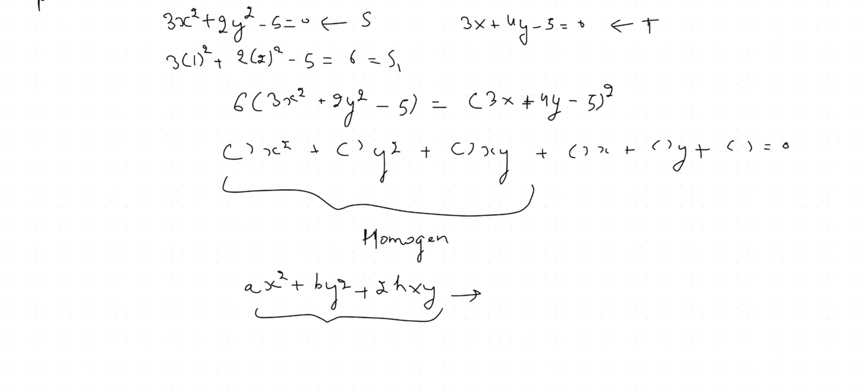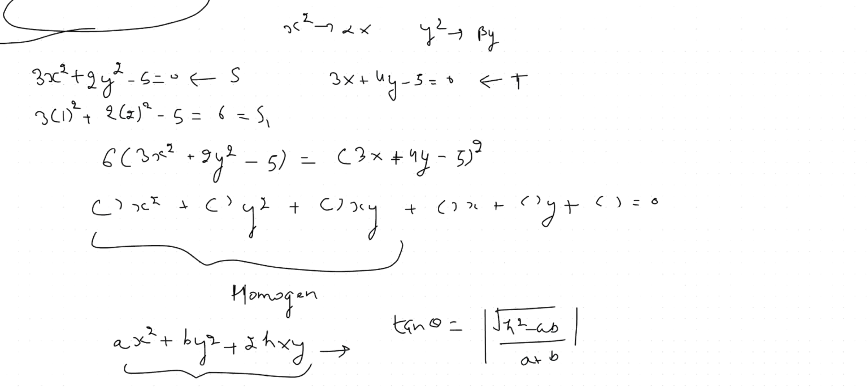So tan theta will be the modulus of 2 root over h square minus ab by a plus b. For an acute angle, tan theta should be positive. So let's start figuring out the terms. If I send this 6 inside, I will get 6 into 3.